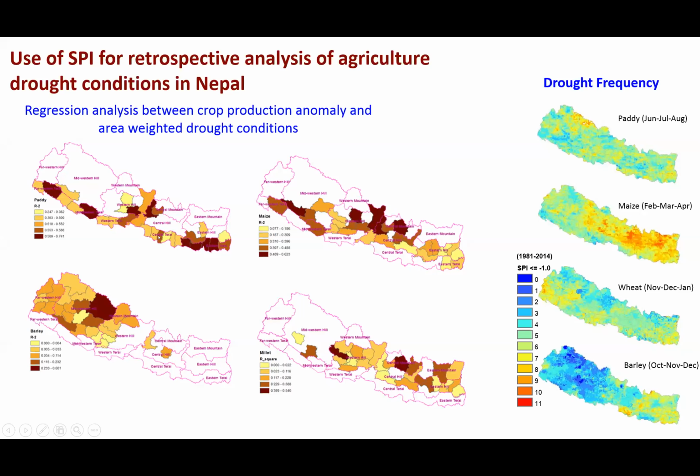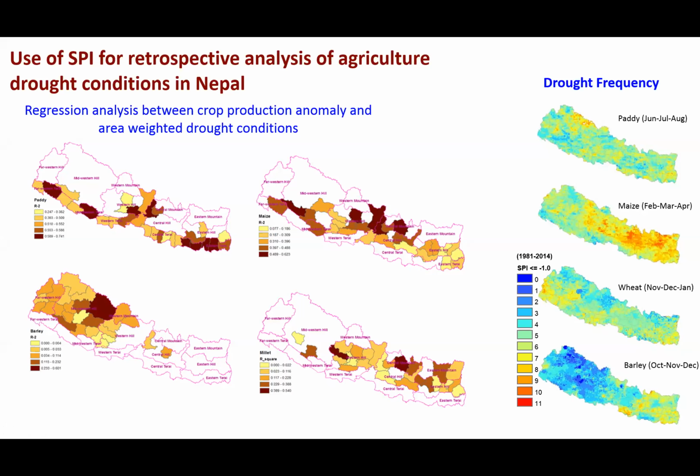And there are certain districts which are coping, that are resilient to drought conditions and have low regression values in terms of drought severity over a 30 year period and crop production out of those 30 districts. So this kind of assessment gives us an understanding of which geographic pockets are more resilient to drought and which are less resilient to drought.